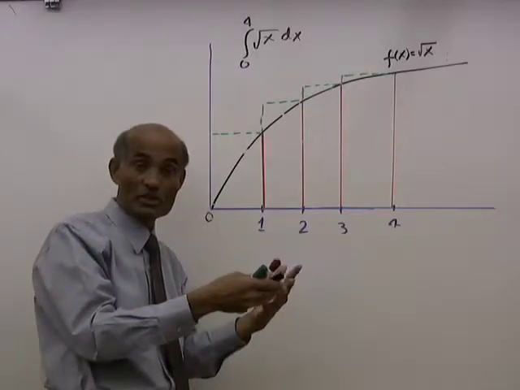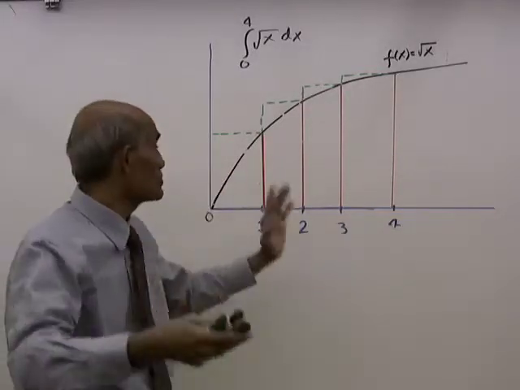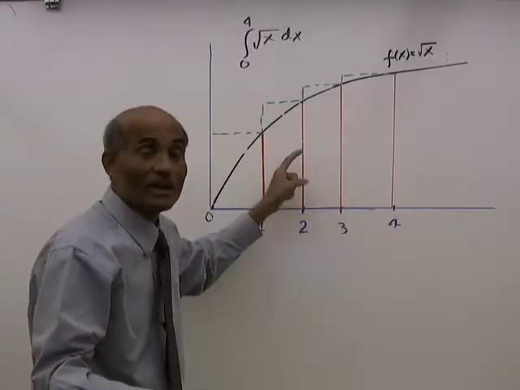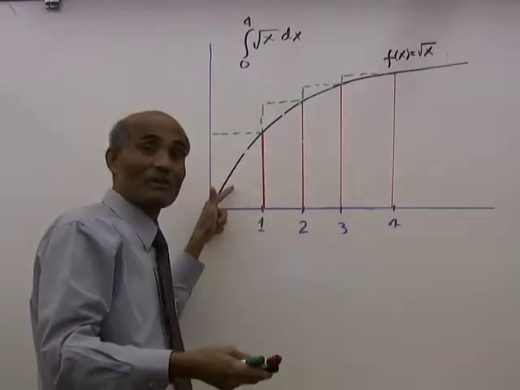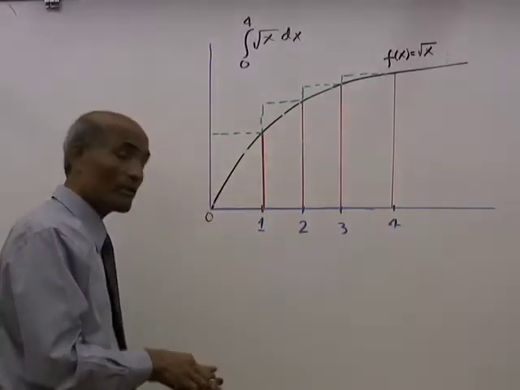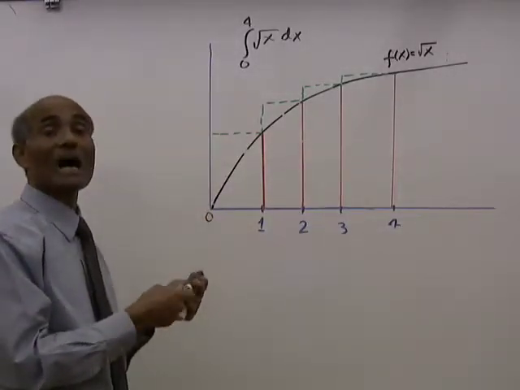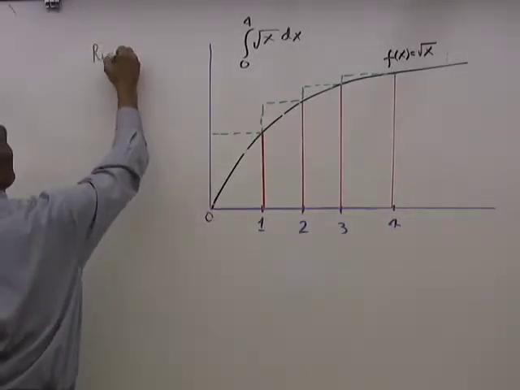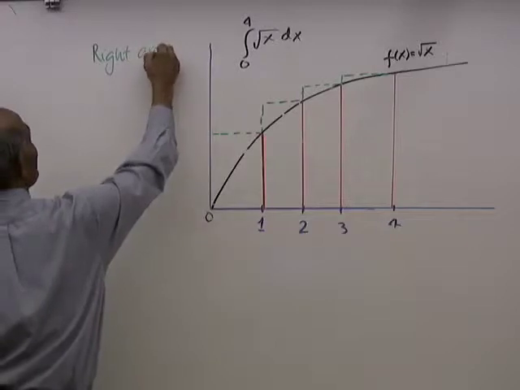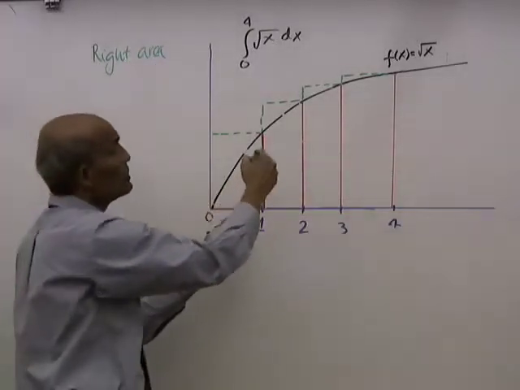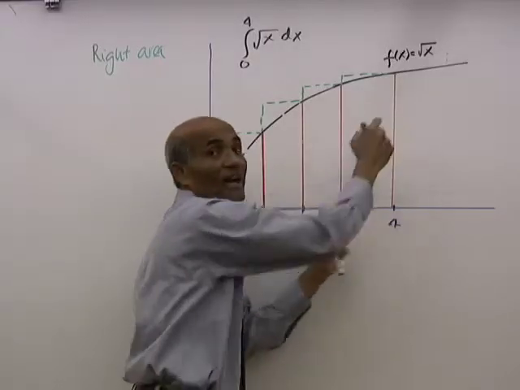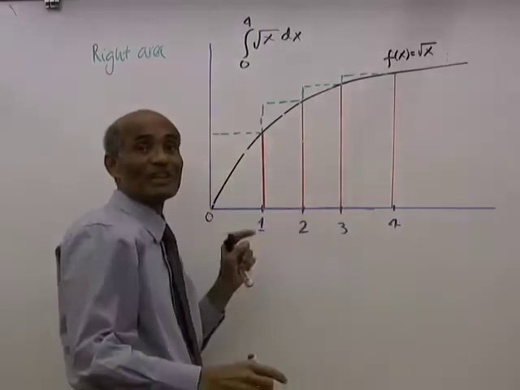So what we can do is use the right side first and calculate the area, and then we use the left sides of the rectangle, and we're going to call them right area and left area. Now, what does the right area mean? Right area means we use the right sides of the rectangles to find the area of each of these rectangles.